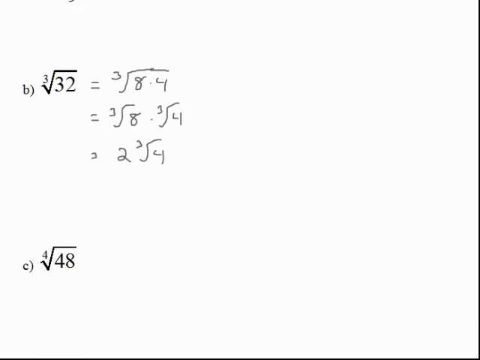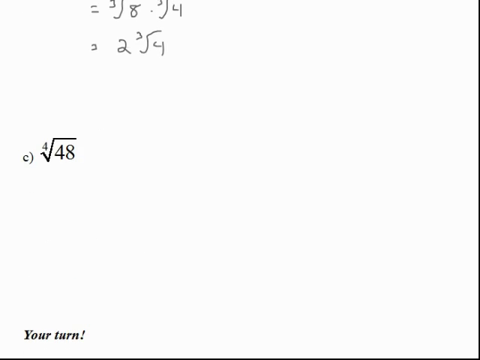If we do the 4th root of 48, we're going to turn to our handy-dandy chart, remember those tables I had you make up on the back of your Math 9 rules. The biggest perfect power of 4 that fits into here is 16.